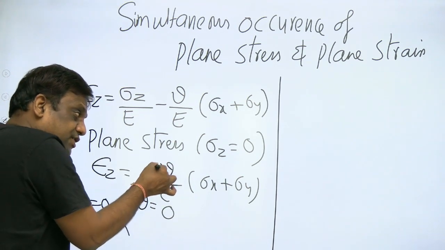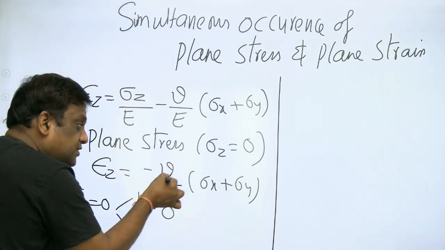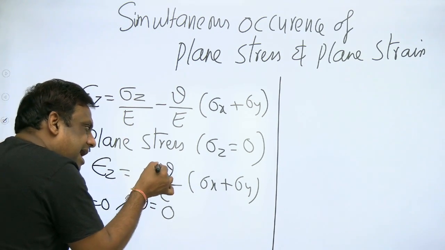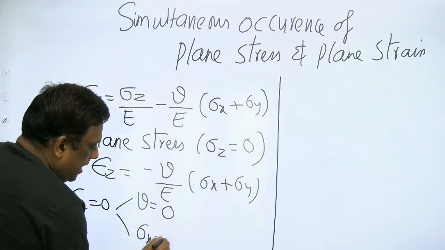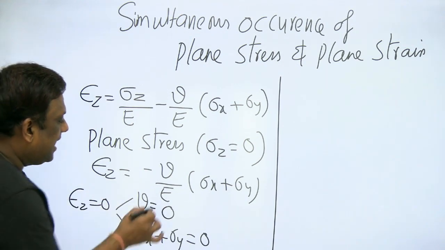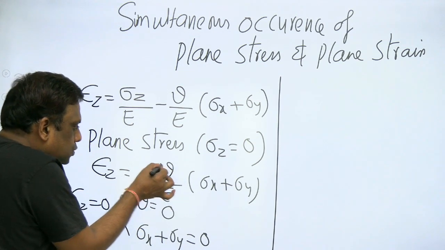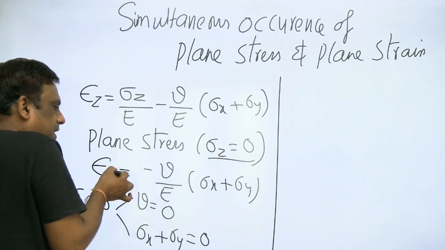When Poisson's ratio is 0, epsilon z is 0. The second possibility is sigma x plus sigma y is 0. Either nu is 0, then automatically this is 0, or sigma x plus sigma y is 0. Already this is plane stress, and if this is 0, it will be plane strain.